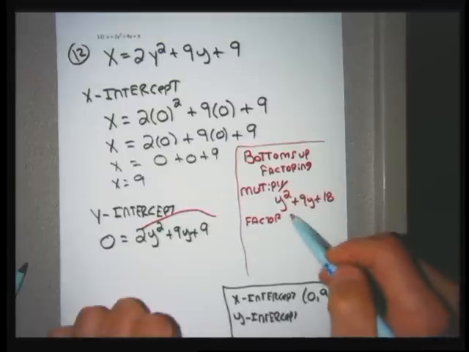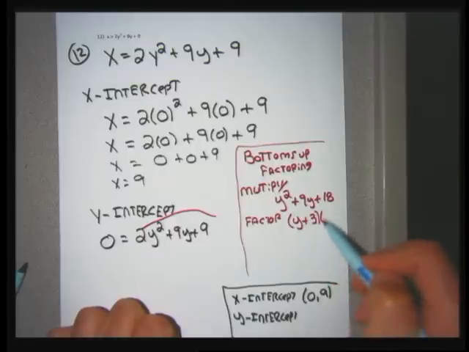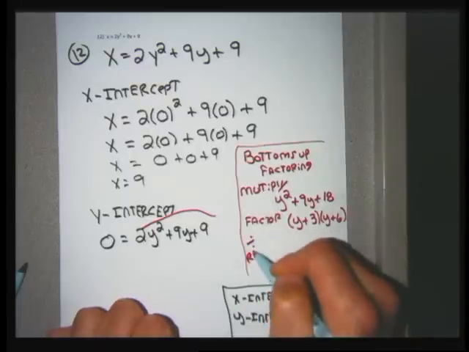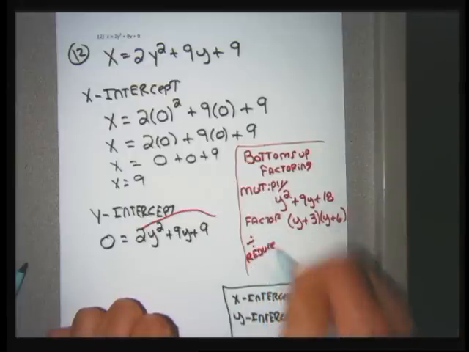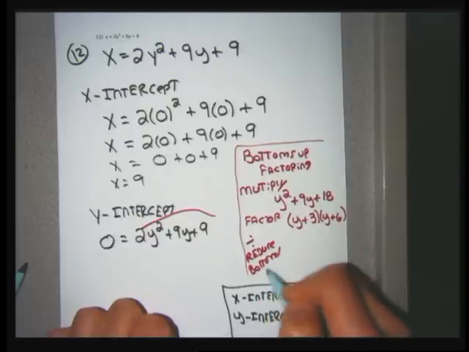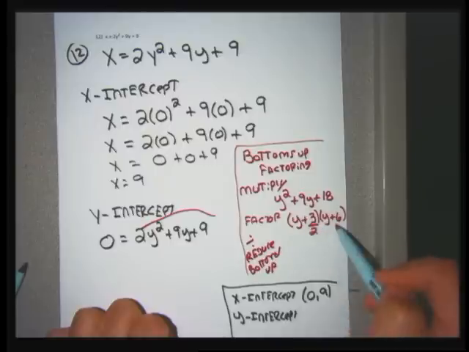That's just y plus 3, y plus 6. If you can't factor that, then you need to watch my section 1.2 intermediate algebra. And then divide, reduce, and bottoms up. I started off multiplying by 2. I'm going to divide by 2.